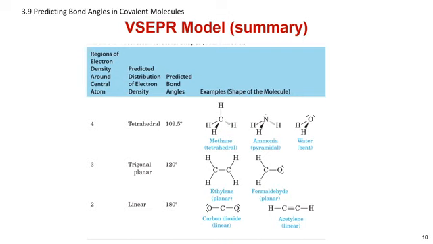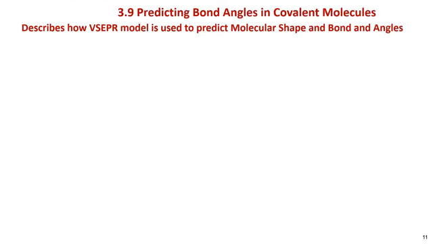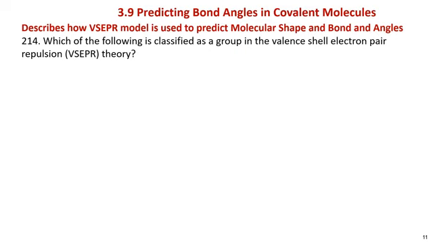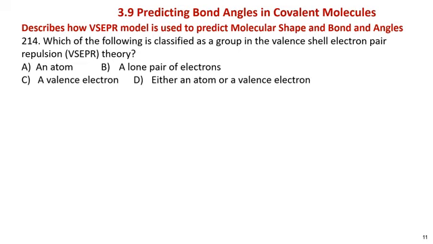Which of the following is classified as a group in the valence shell electron pair repulsion theory? We don't talk about atom repulsion. A lone pair of electrons is a group.